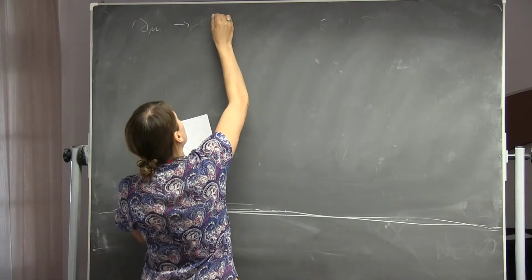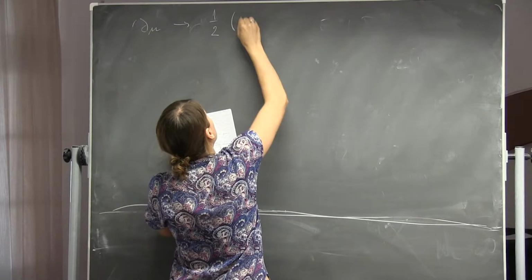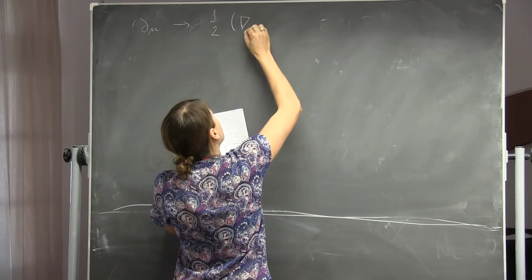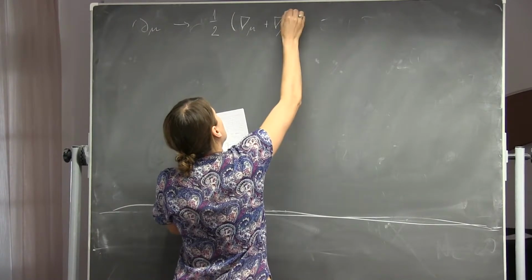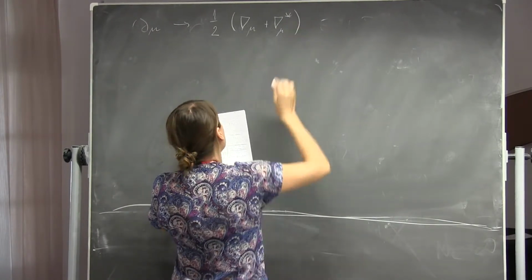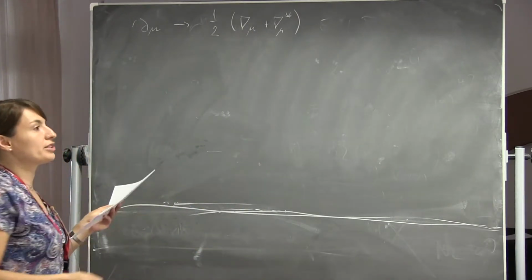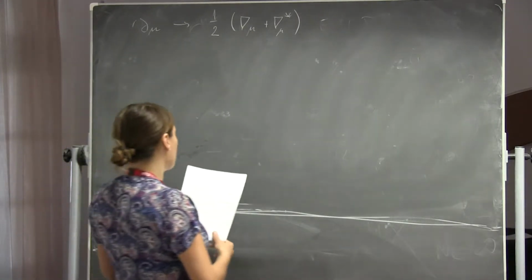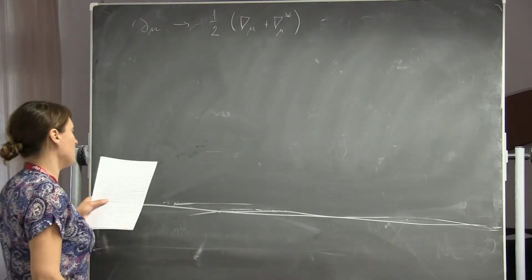So we'll just replace the derivative with 1/2 of the forward plus backward derivative. We've said that this symmetric derivative has faster convergence to the continuum limit than each of these derivatives individually.